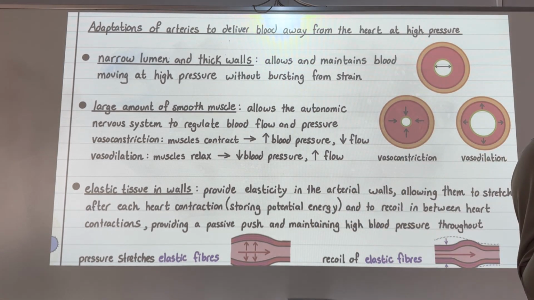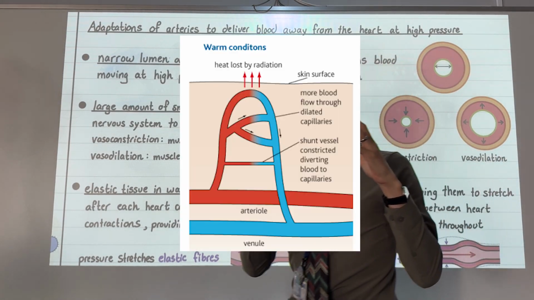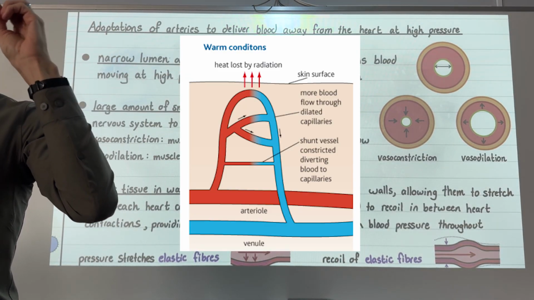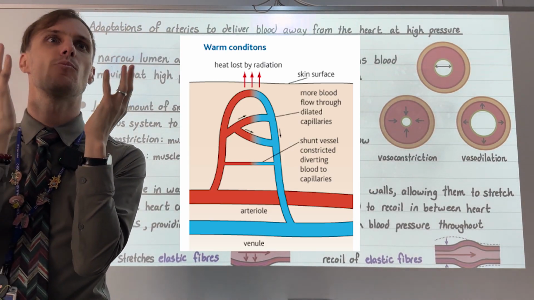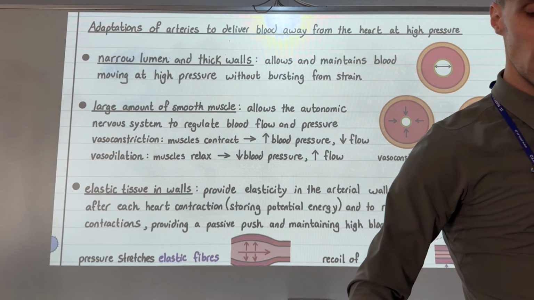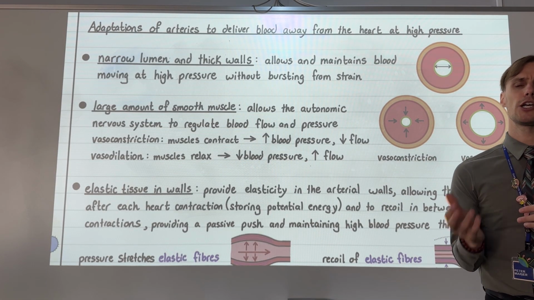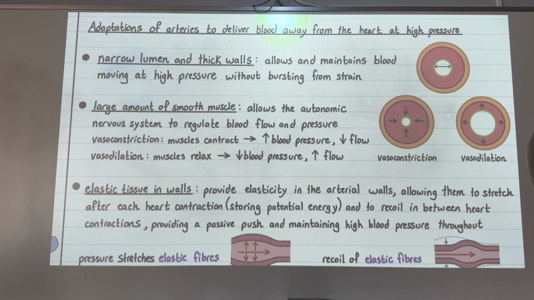A reason for this is that your arteries have actually vasodilated, because they're trying to remove heat more. So more blood is coming closer to the surface, and it looks like your face is more red as a result. This is actually quite a novel adaptation because it means that blood flow and blood pressure are not static. Your body has control over that.